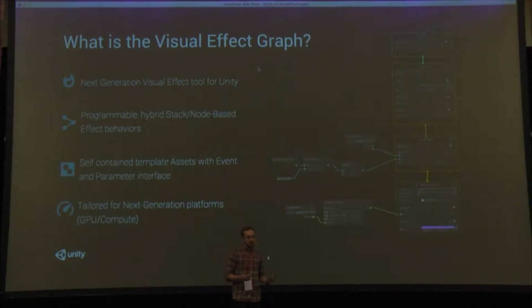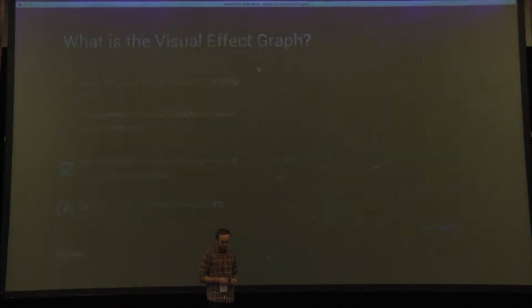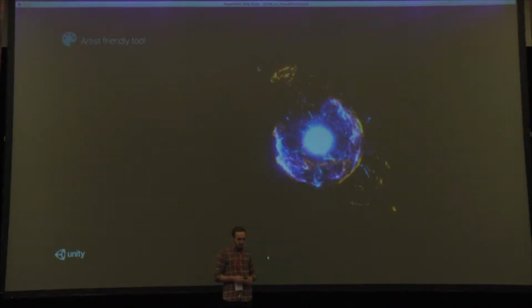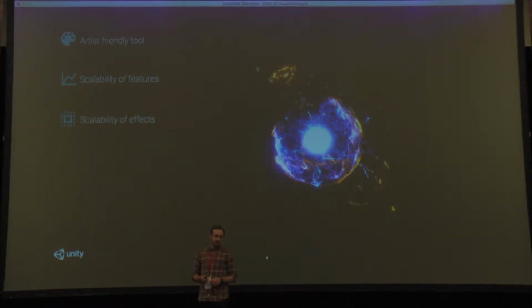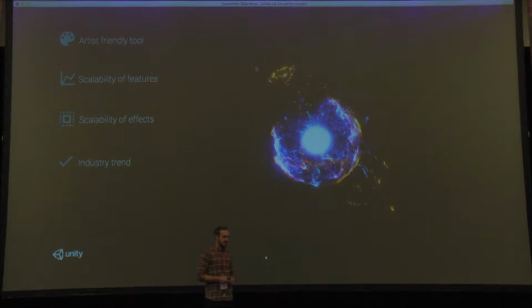The reason it is so great is because everything runs on the GPU and compute. That's why right now it's just HDRP, not built-in, and we're looking at ways to get it on the lightweight render pipeline in the future. As I said, it's artist friendly and scalable, and we've taken a lot of what other pieces of software in the industry do to put this together.